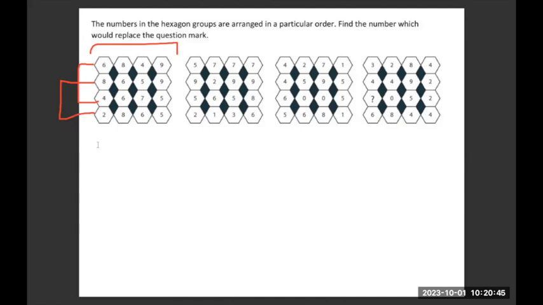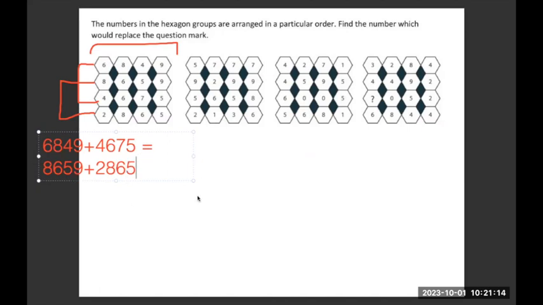So in this case, 6849 plus 4675 will be equal to 8659 plus 2865.